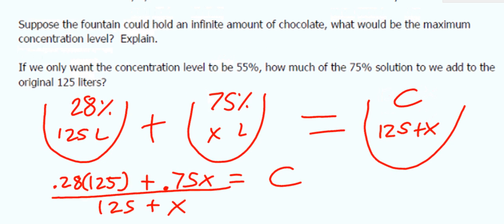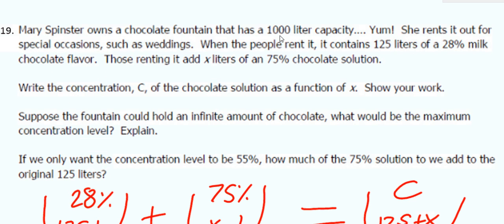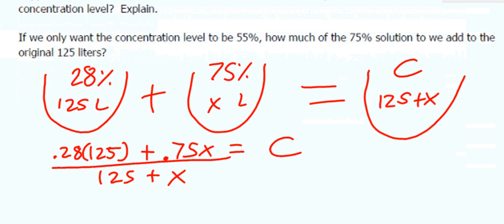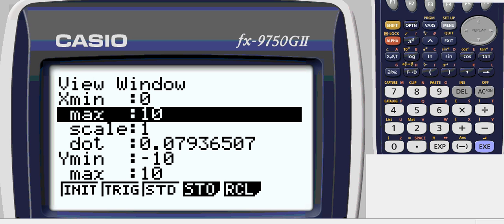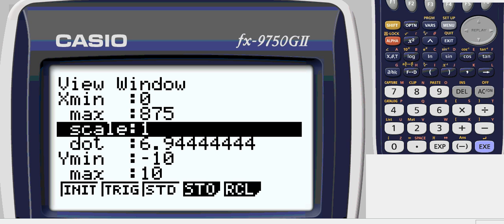Since it's starting with 125 and the most it can hold is 1,000, take away 125 from 1,000, and that would be full. So the maximum is 875. That's the most you could add because then the fountain will be full.